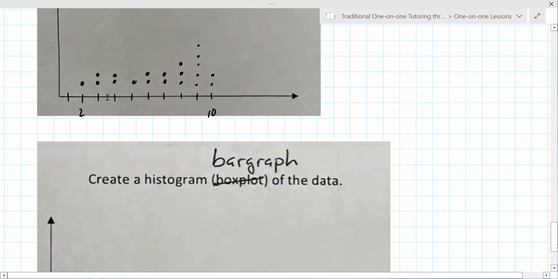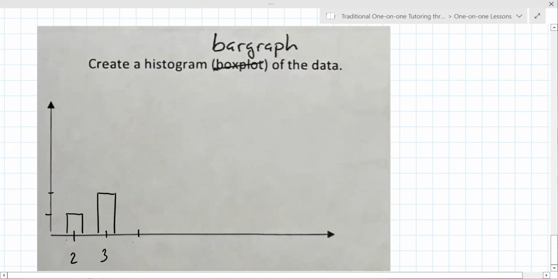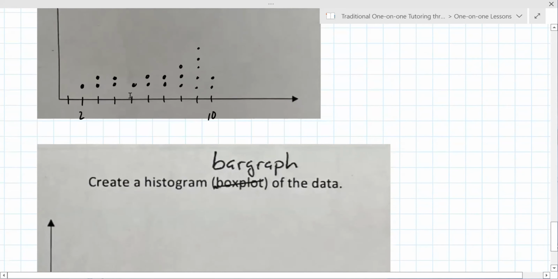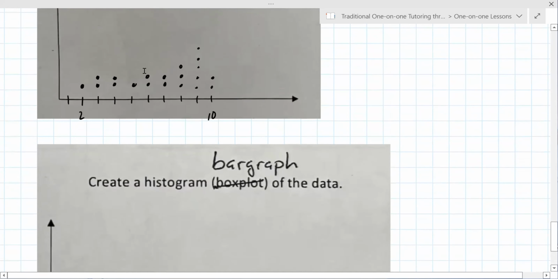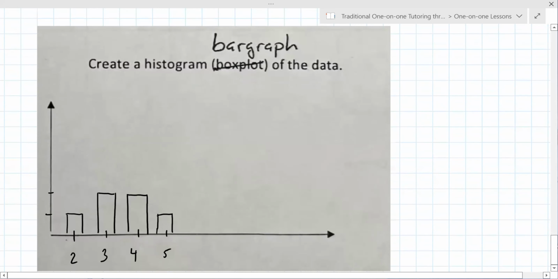And then 4, there's 2 4s. Then a 5, there's 1 5. And then there's 2 6s and 2 7s. But they can't touch. That's really important. I'm saying that over and over again because if they touch, you might get marked off.